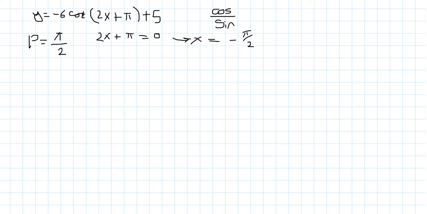The next vertical asymptote I know has a distance of pi over 2, so the next vertical asymptote is minus pi over 2 plus p. P is here pi over 2, so it is 0. It is the second vertical asymptote.